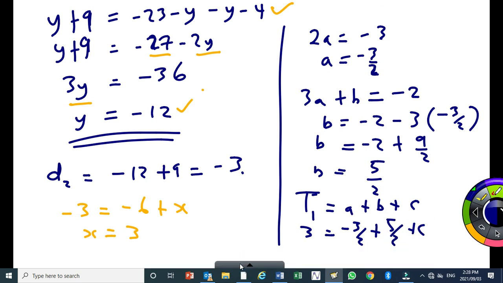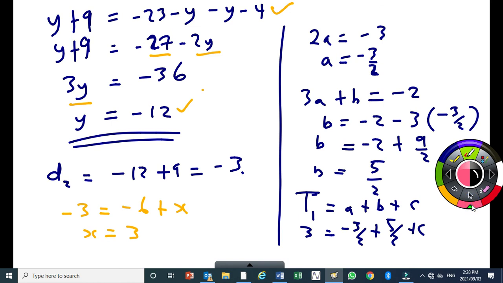I hope you are following. Minus 3 over 2 plus 5 over 2 will give you 1. Take the 1 to the left, you get c equal to 2. Therefore, the general term will be Tn equal to minus 3 over 2 n squared plus 5 over 2 n plus 2. So that will be your final answer.